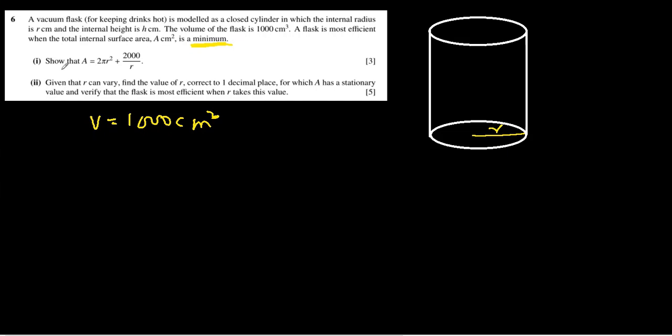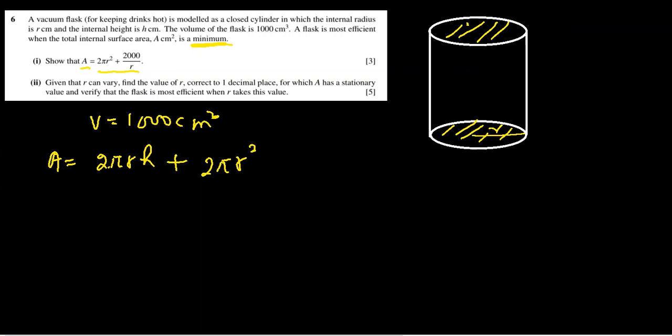But before that, we have to show that the surface area is equal to this. So we know that the internal surface area of the vacuum flask will be that of a cylinder, which is area equal to the curved surface area, which is 2 pi r h, plus the two surfaces, one at the bottom and one at the top, two circles, 2 pi r square.